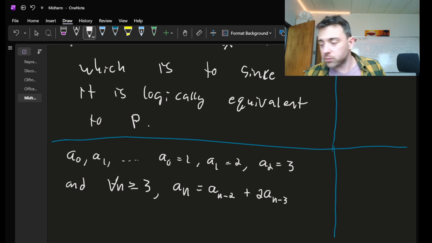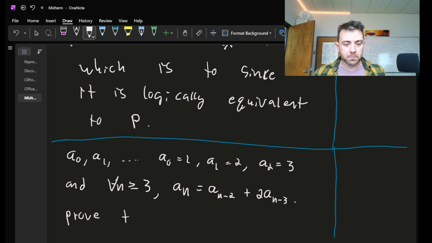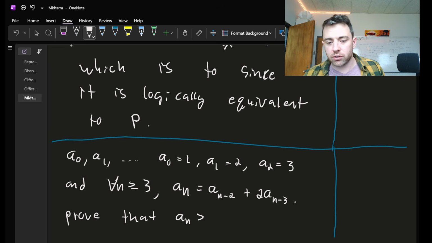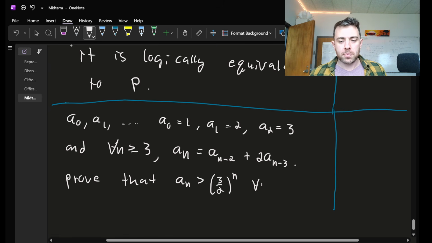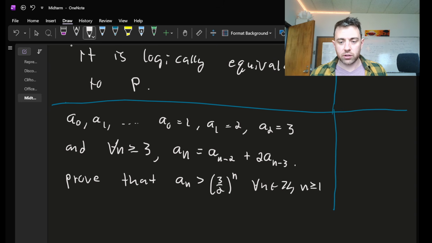And we want to prove by strong induction that a n is strictly bigger than 3 over 2 to the power of n for all n in the integers where n is bigger than or equal to 1.